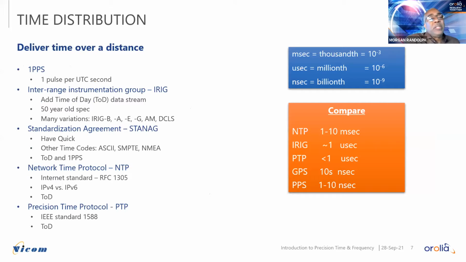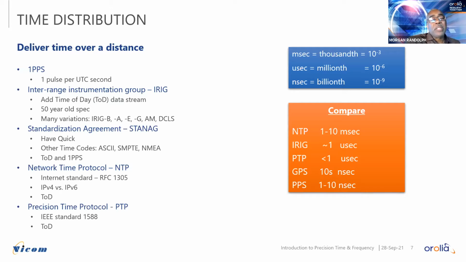Time is distributed from a number of different types of protocols. You've got your regular PPS, the 1 PPS, which is 1 pulse per second UTC. You've got the IRIG, which you guys are probably familiar with. The Inter-Range Instrumentation Group adds time of day to the stream.